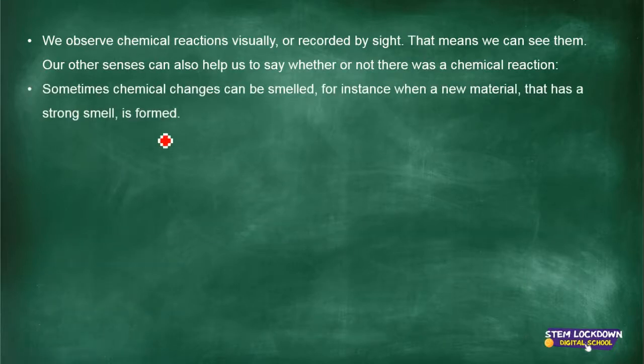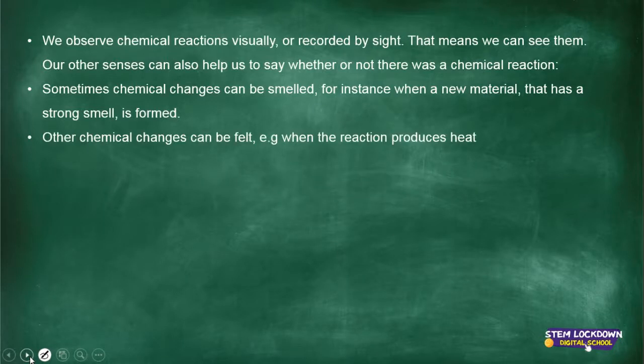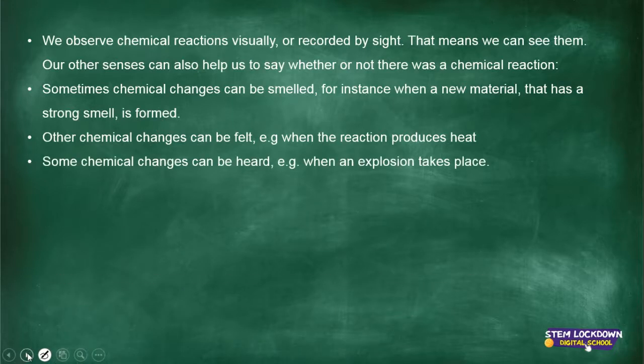Sometimes chemical reactions can be smelled, for instance, when a new strong chemical is formed. Other chemical changes can be felt. That means that when the reaction produces heat, that's how you can feel the chemical reaction. And some chemical reactions can be heard, for example, an explosion that takes place.